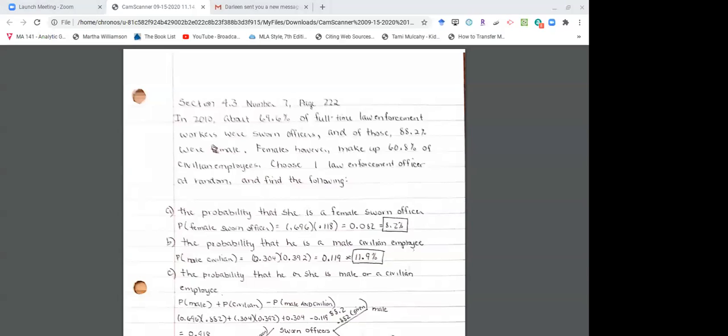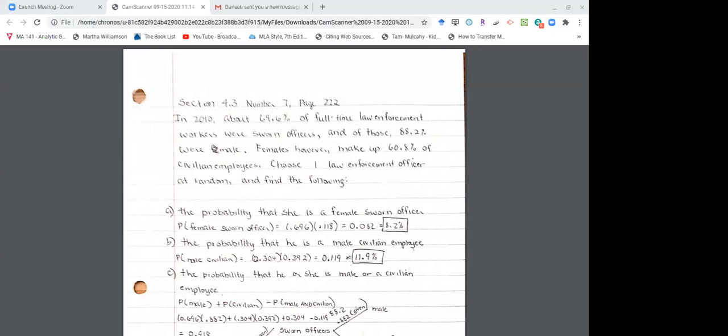So we have sworn officers and we have civilian employees. Civilian employees are the ones that support the police officers. They work for the police, but they're not necessarily carrying weapons or walking the beat.